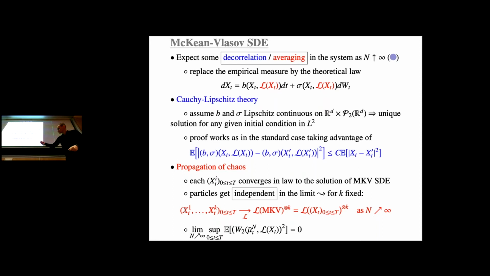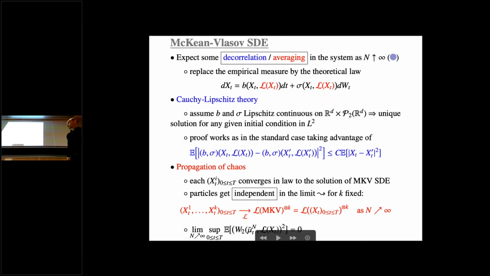And when n tends to infinity, I am claiming that the law of these individuals converges to the law of the solution to the McKean-Vlasov equation, product k times, which means that asymptotically the particles become independent and they behave in the same way from the statistical point of view. And this statistical behavior is exactly the same as the solution of the McKean-Vlasov equation. So they get independent in the limit, and asymptotically they solve the McKean-Vlasov equation. This is exactly what I told you, and you can prove this.